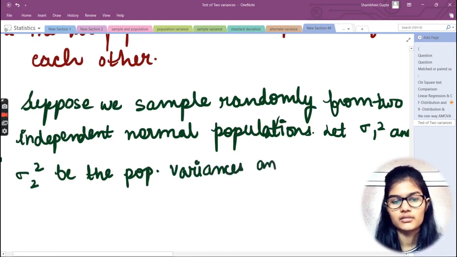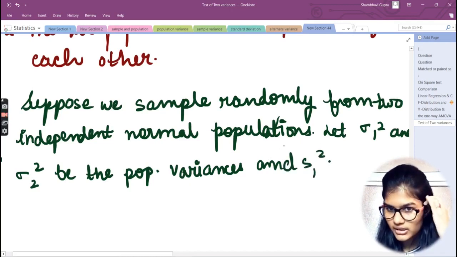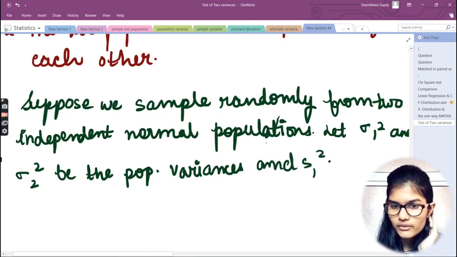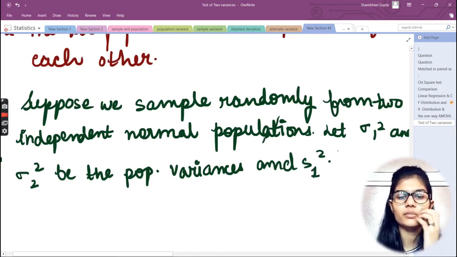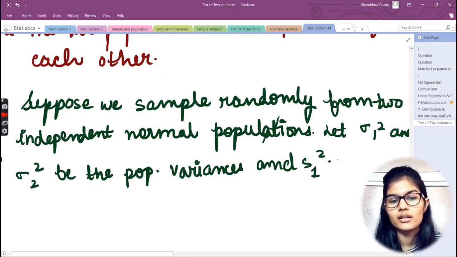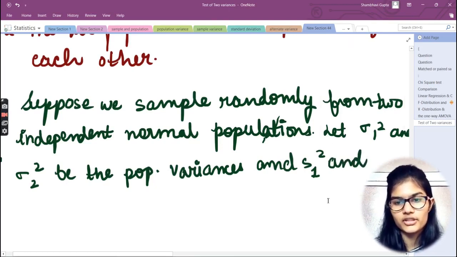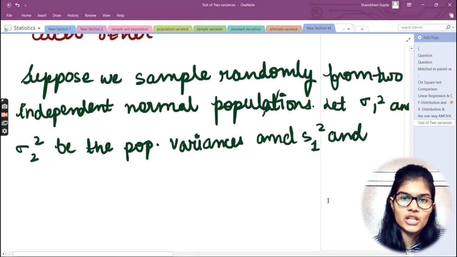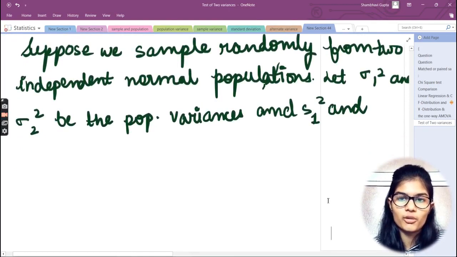And let S1 squared and S2 squared be the sample variances. Let me write that clearly. So, suppose we sample randomly from two independent normal populations.